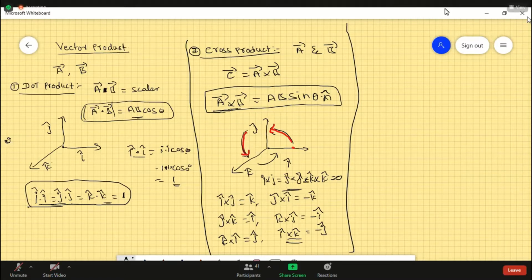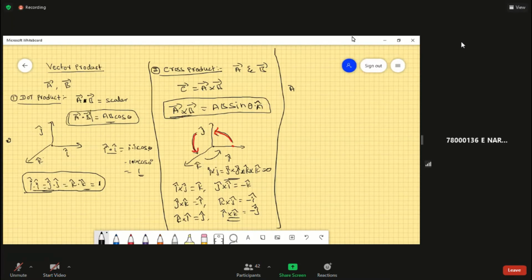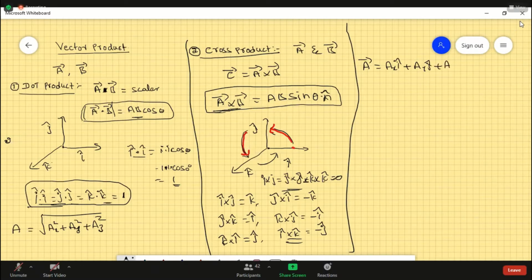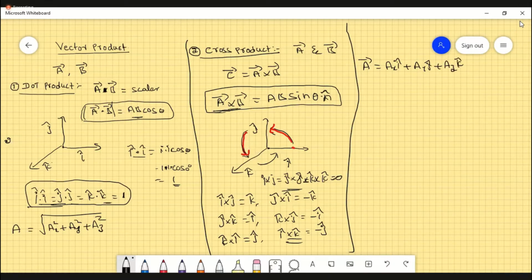And if we consider two vectors, how do we solve the cross product? Here we can find the magnitude. Consider vector A and vector B equal to Bx i cap plus By j cap plus Bz k cap.